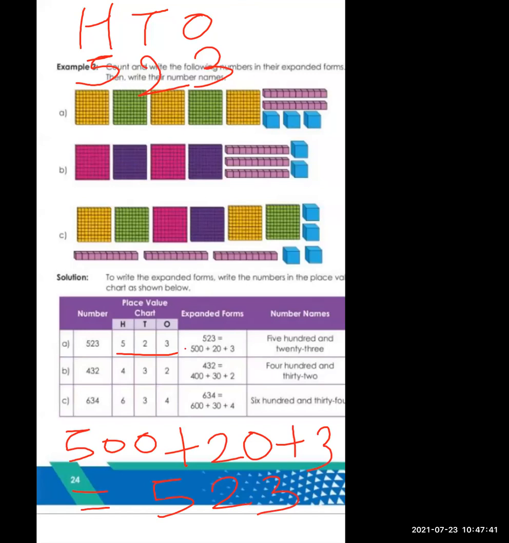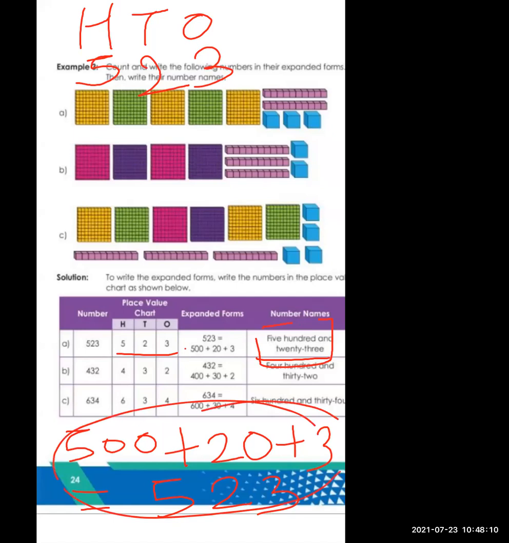So how can we write this number in words? Five hundred and twenty-three. So this way we are going to write the numbers in words. Okay, so this way we expand the numbers.